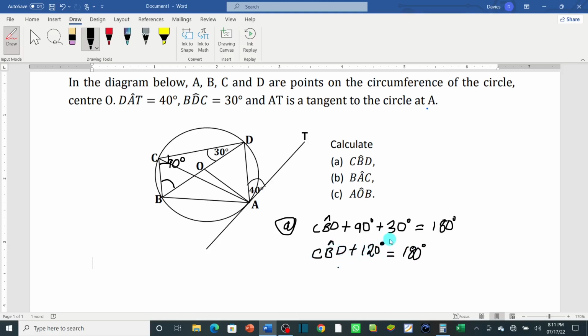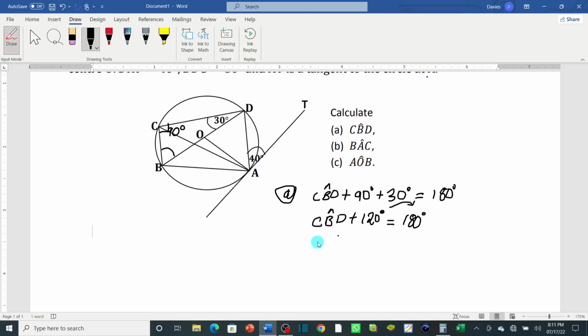So this will jump to this side, so that we'll have CBD is equal to 180 minus 120.